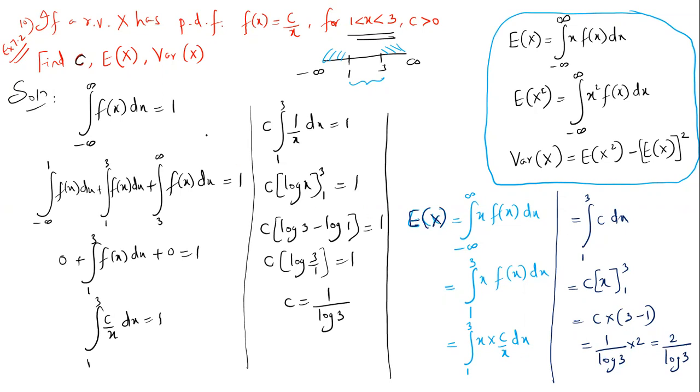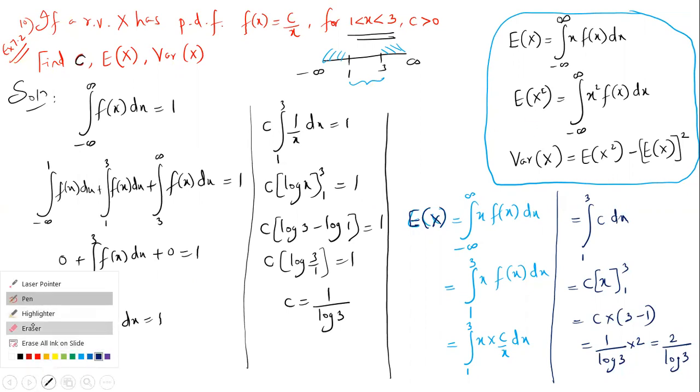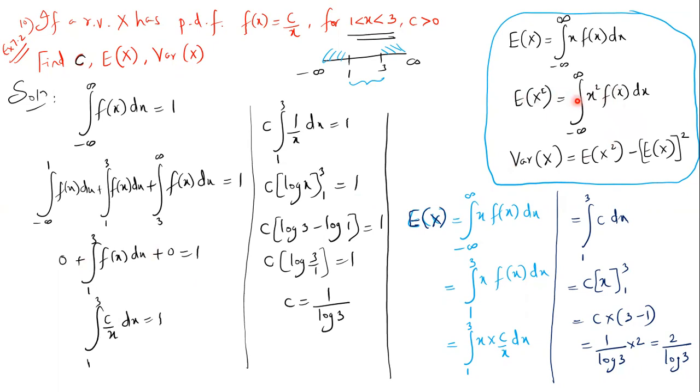Now you want the variance of x. To find variance, we have to also calculate E(x square) first, because variance is E(x square) minus E(x) the whole square. So we'll calculate E(x square) first, and then subtract from it E(x) the whole square, that is 2 by log 3 the whole square.